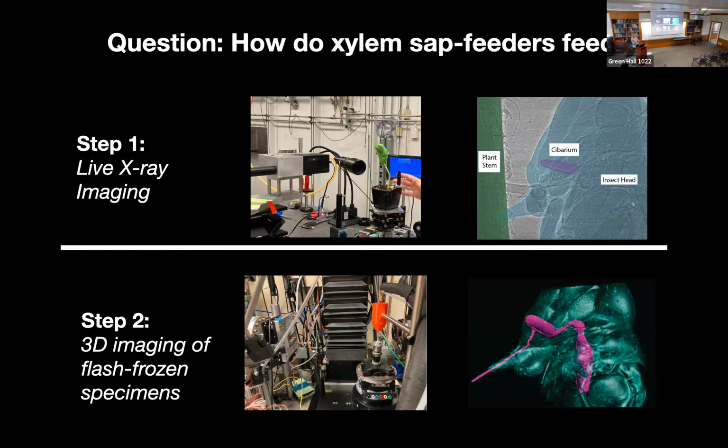So there are some interesting things that we could do there, if anybody wants to do a postdoc with me about that. But I think it's also a really exciting opportunity to think about what other kinds of questions we could ask using this coupled technique with other types of insects that are doing really cool and interesting things.